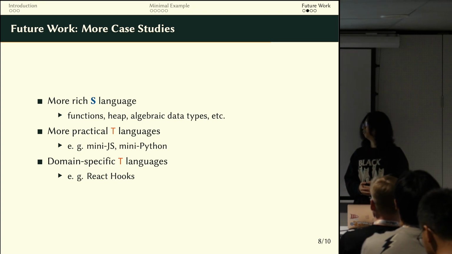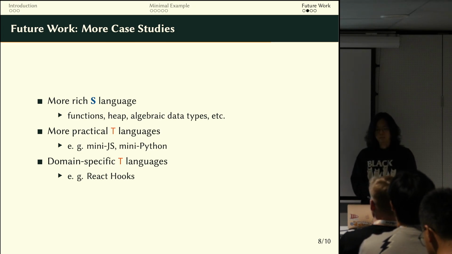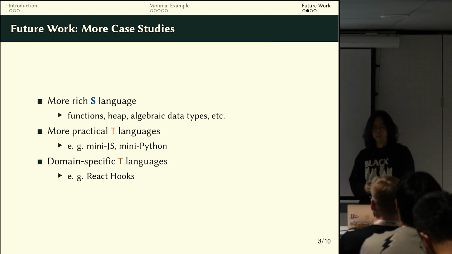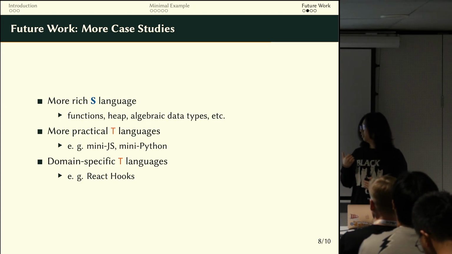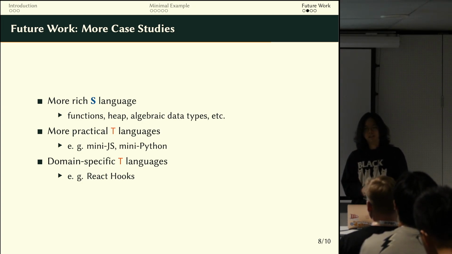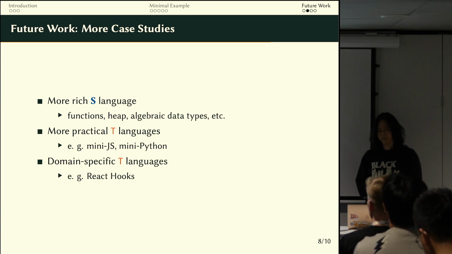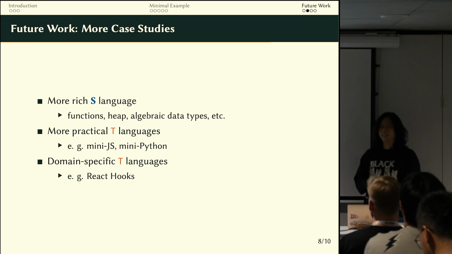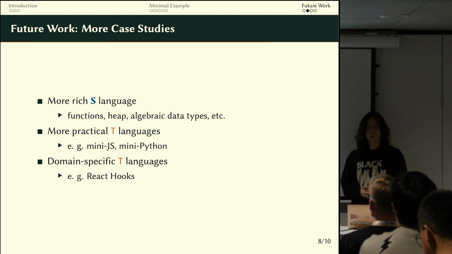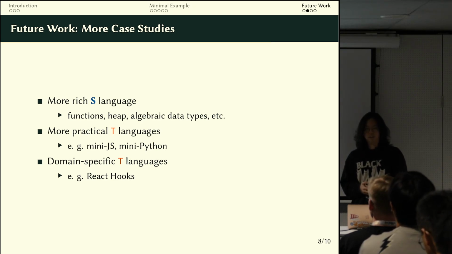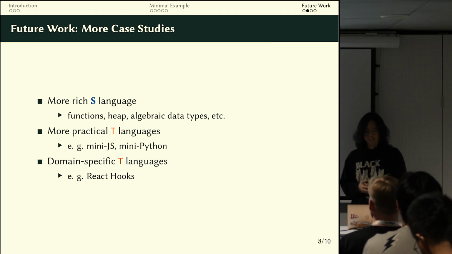And for the T language, we are trying to apply it to more realistic languages that resemble JavaScript or Python. And we are also interested in domain-specific languages. These languages are used widely in practice, but they often lack a static analyzer because building a dedicated static analyzer for these languages is too expensive. We hope this approach will be particularly helpful for those cases.